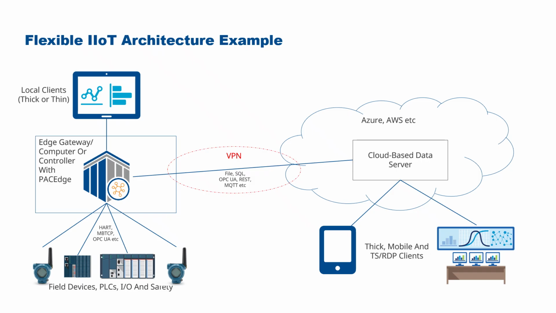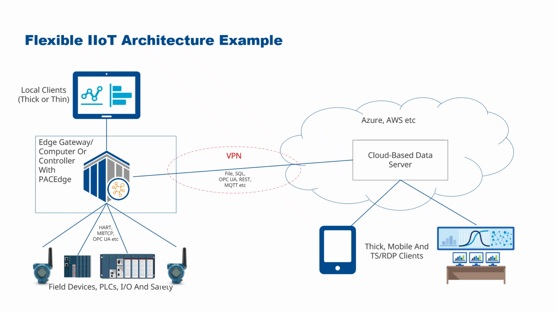So regardless of whether it's a wide area network, maybe the VPN already exists in that case because it might be an encrypted WAN. Maybe you're using an open GSM network. Maybe you're using a direct internet connection. Maybe you've got an older technology like a leased line or wireless or something. But the idea is PACEdge has the built-in VPN capabilities to be able to create a secure connection to your cloud-based or your on-prem database server.